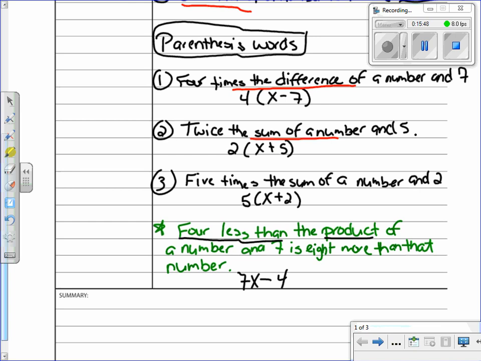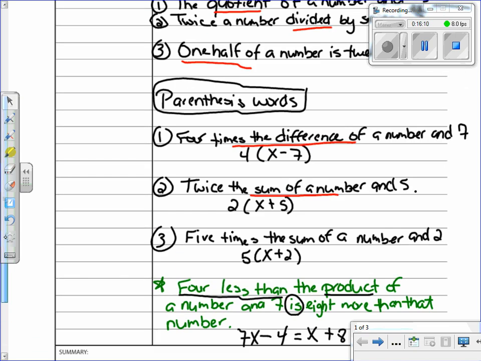Is means equals 8 more than that number. So 8 more than is a turnaround word, and that number would be x. This is an equation because it has an equal sign. All the other ones that we've done were expressions.